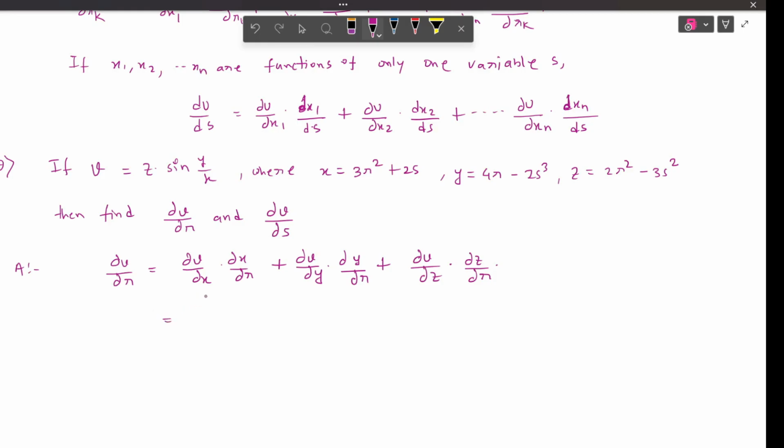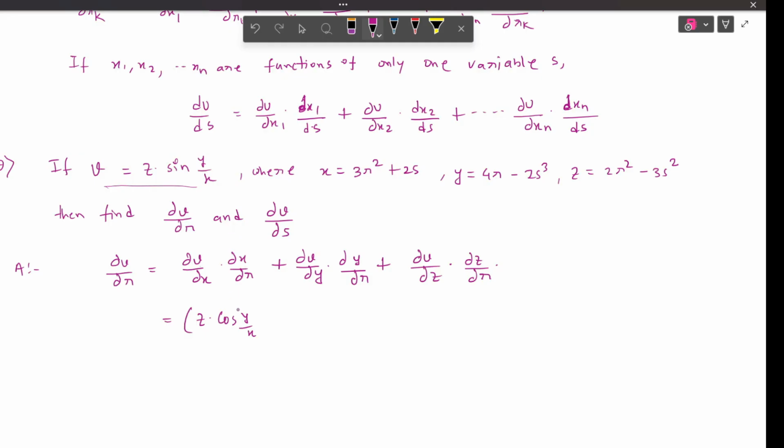So this will be del v upon del x. If you derive partially with respect to x, z and y would be constant. So in that case, this z will be constant and sine of y by x would be cos of y by x, and y is constant here, so it will be outside.